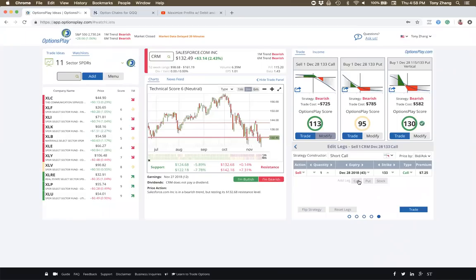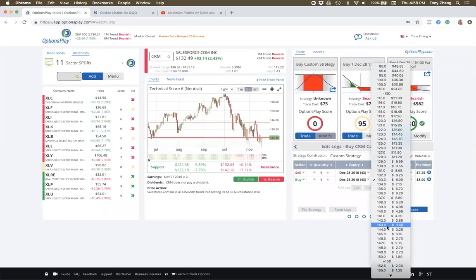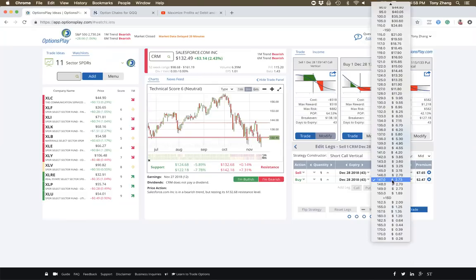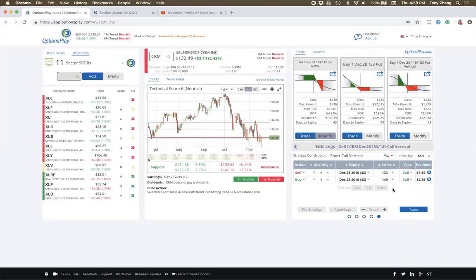But because selling an outright call has unlimited risk, let's say I buy a higher call against that, just to cap my risk. Maybe 143 is not enough. Let's go to 147. We can go even a little further. Let's do 133, 149, roughly a $16 wide spread. I'm collecting roughly a third of that, $539.